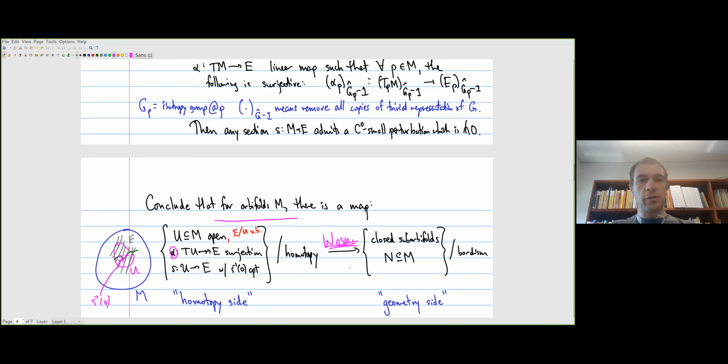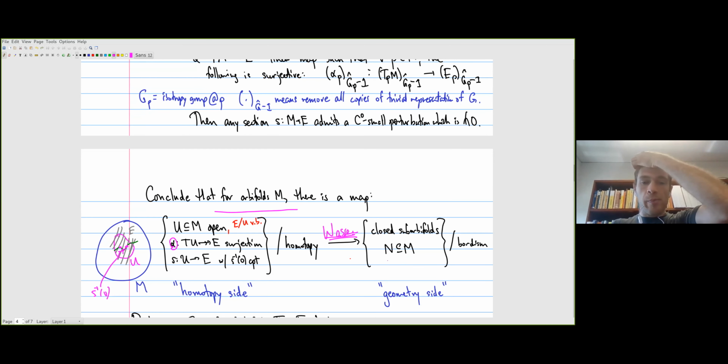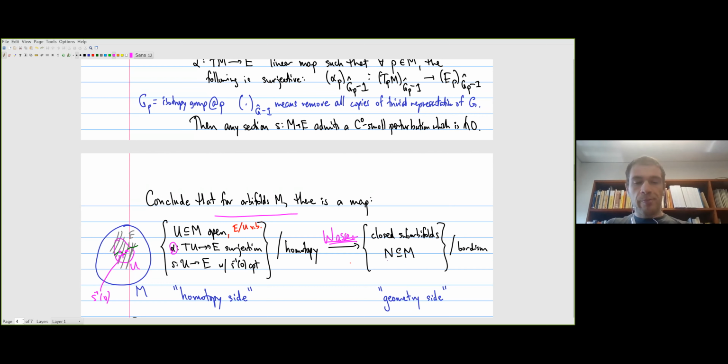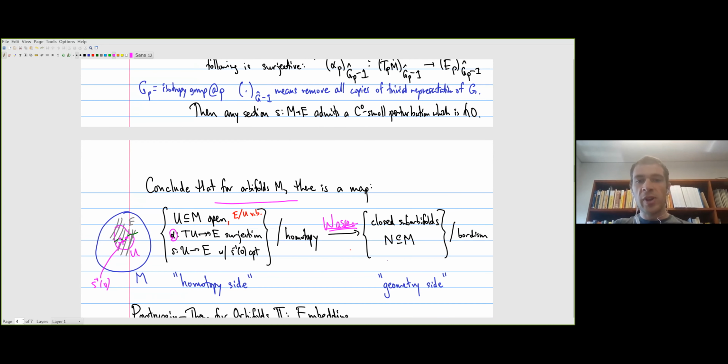That uses the relative version of Wasserman's theorem: if we have two sections which are transverse, and the homotopy between them is not transverse, then we apply Wasserman relative to the boundary. Yeah, so that's what I wanted to say for this direction.